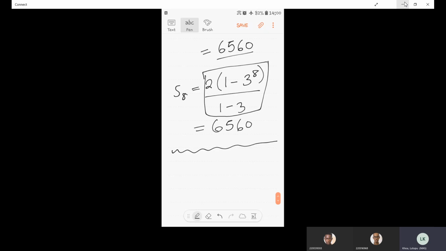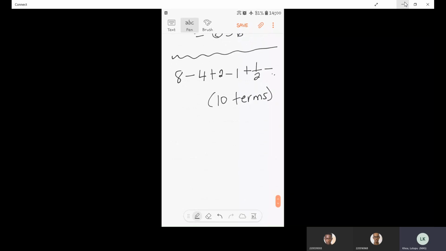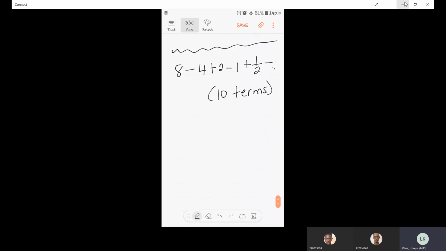Okay, then we look at another example of a series of 8 minus 4 plus 2 minus 1 plus half, and this continues, dot dot dot, but in this case I have 10 terms. Now when I have 10 terms here, I need to work out what my A is, what my R is.